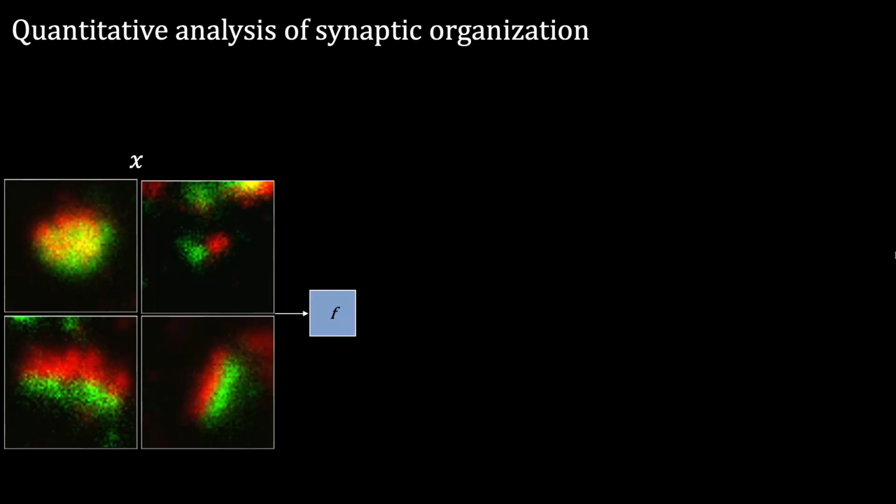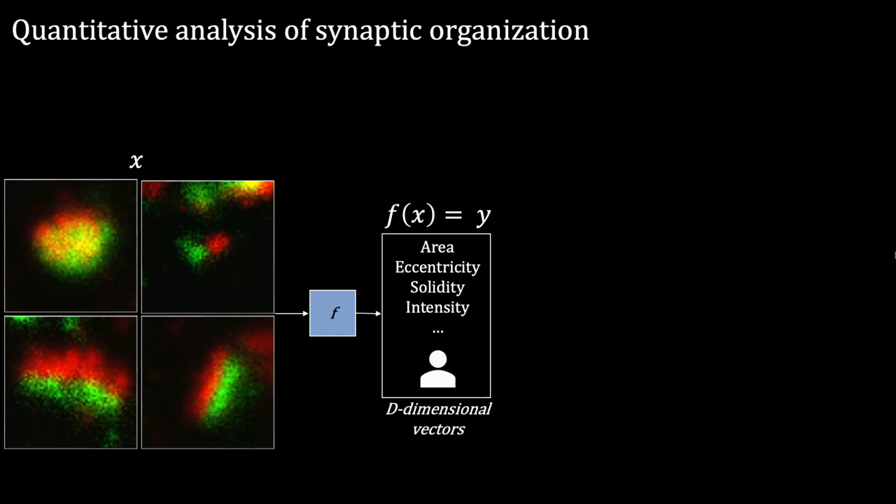And what we want to develop now using PySoda is an unsupervised approach that would be able to characterize the synaptic population based on handcrafted features such as the area, the eccentricity, the solidity, the intensity, but also the level of association between the pre and the post synapse, and the distance between the pre and the post synapse, for example.